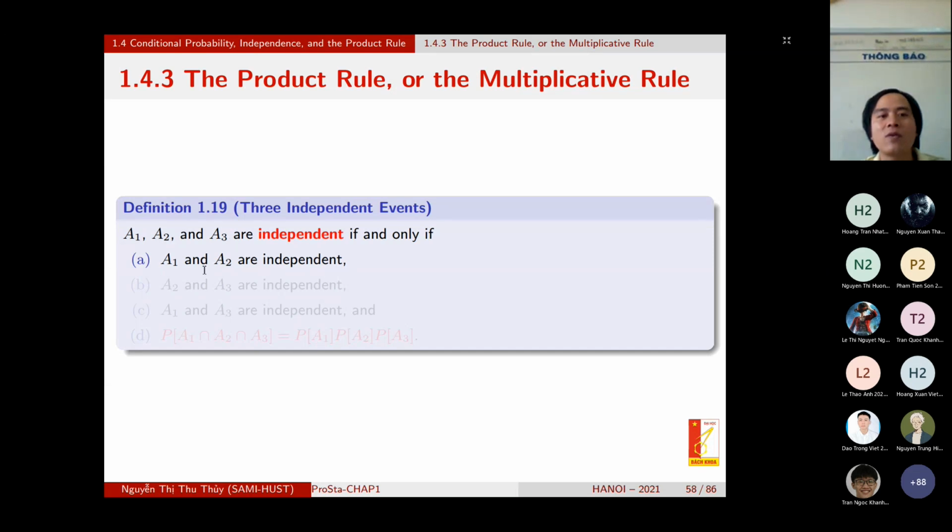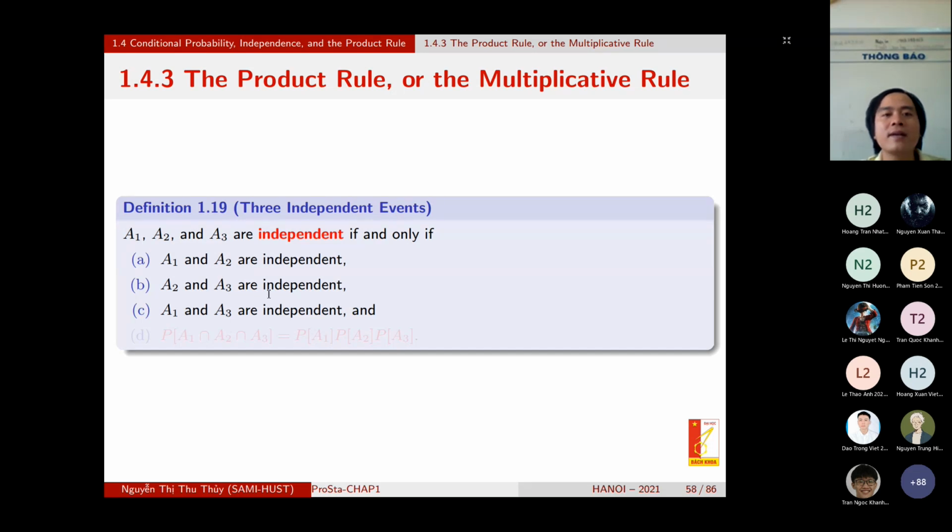That means A1 and A2, A1 and A3, and A2 and A3. So each pair of them is independent. We have three cases here.